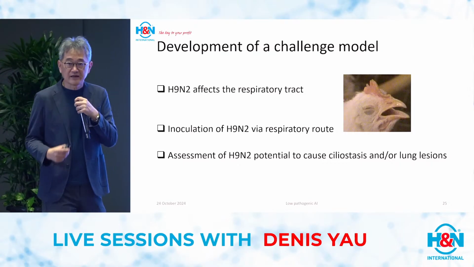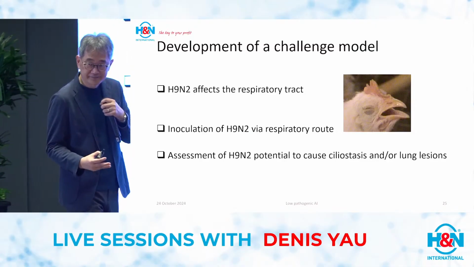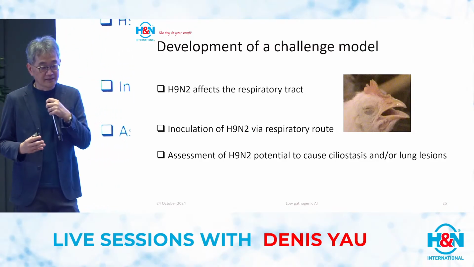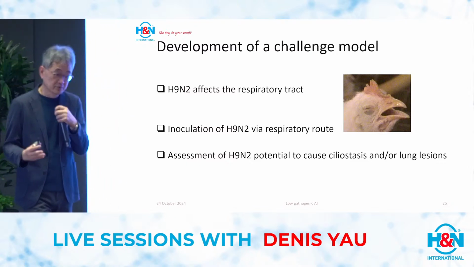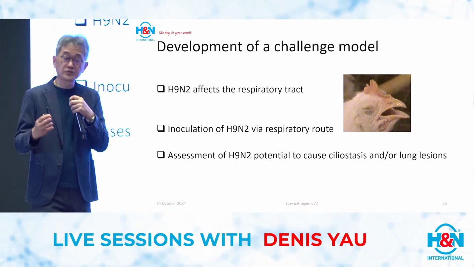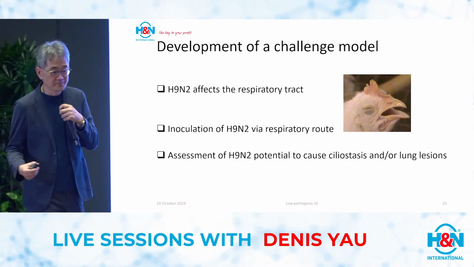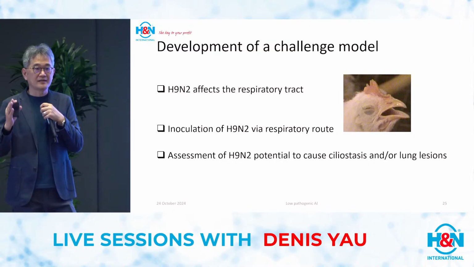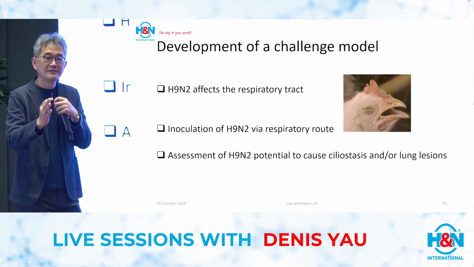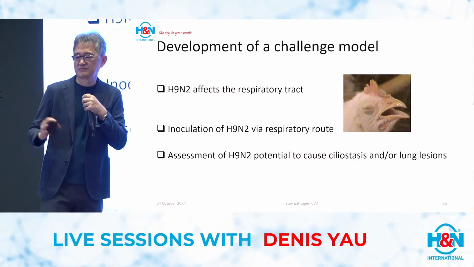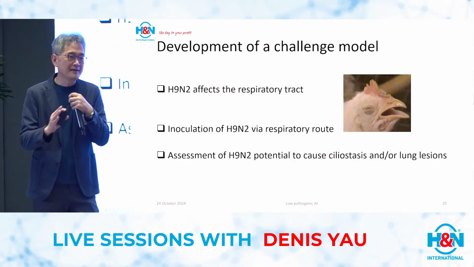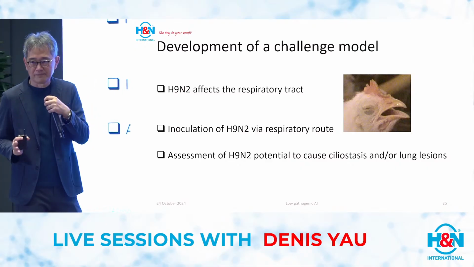H9N2 actually affects the respiratory tract. And with the inoculation of H9N2 field virus, it can cause respiratory problems. And I'm sorry to say that maybe you layer guys will say, no, we are more concerned about the egg production drop.